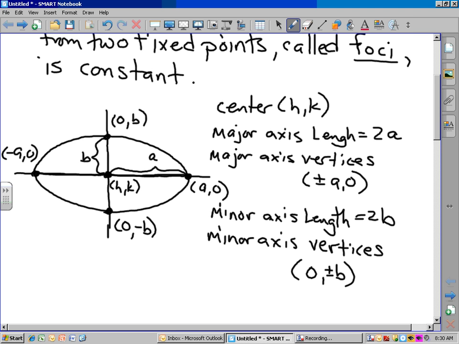We need to talk about those two fixed points called the foci. The foci are always on the major axis, and they are on the inside of the ellipse. So, foci. That would be a focus. And here's another focus.